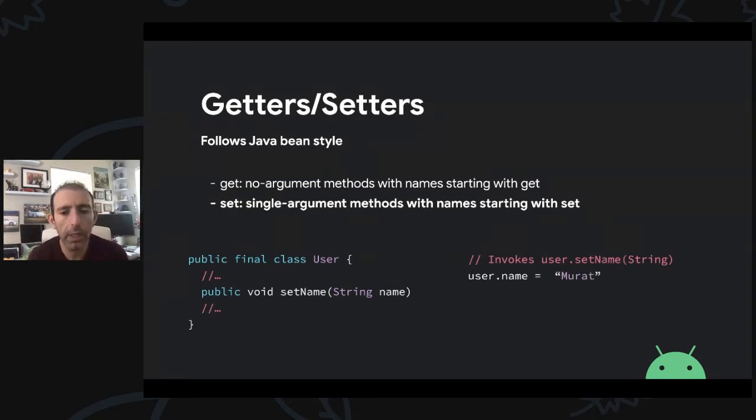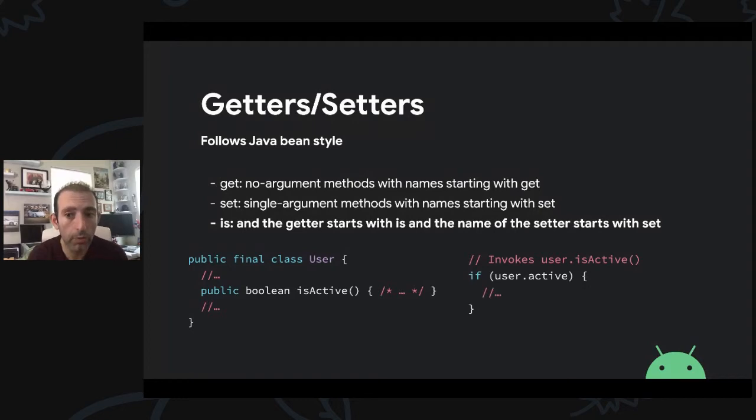Setters are similar. Again, you need to obey the contract. So a setter should be a single argument method with the name starting with set. Once again, if you access the name property by assigning a value, Kotlin will know how to invoke the setter and call the setName function.